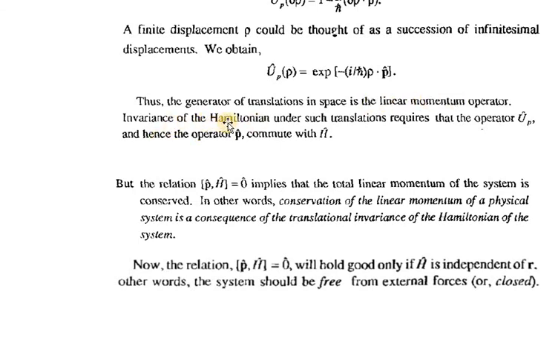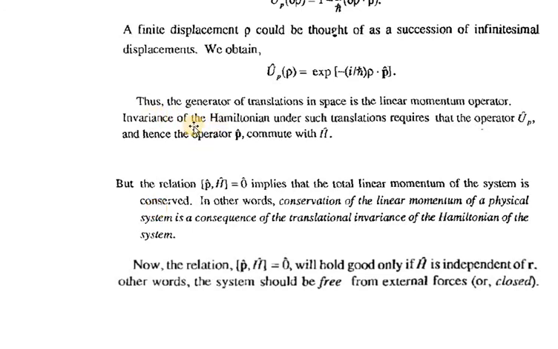The invariance of the Hamiltonian under such translations requires that the operator U, and hence the operator p, commute with H. So from the previous information we can write commutator of p and H equal to 0. They both commute, which implies that the total linear momentum of the system is conserved.